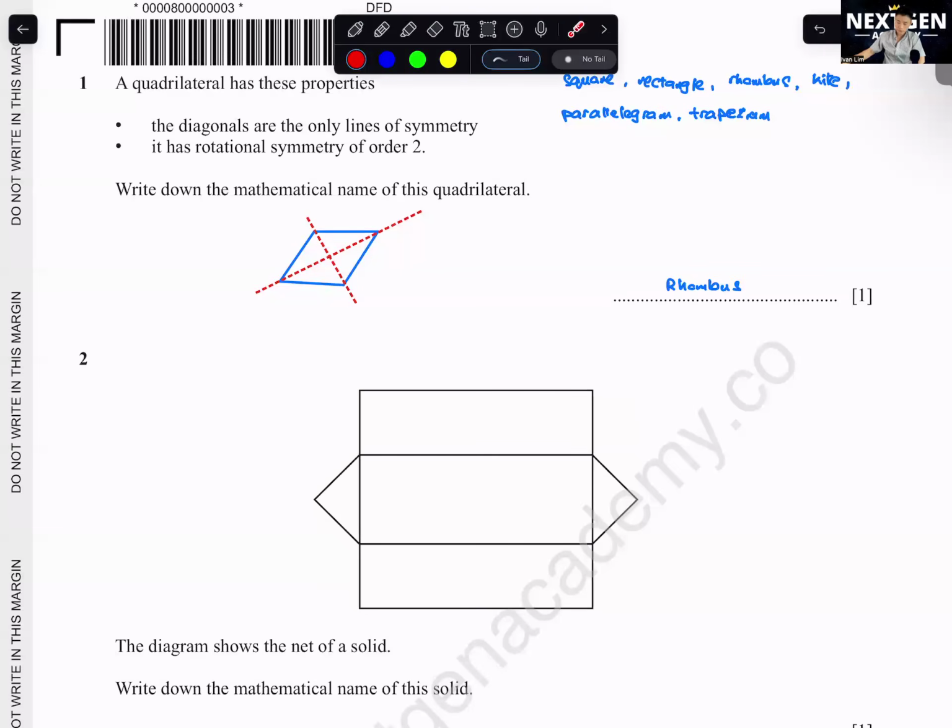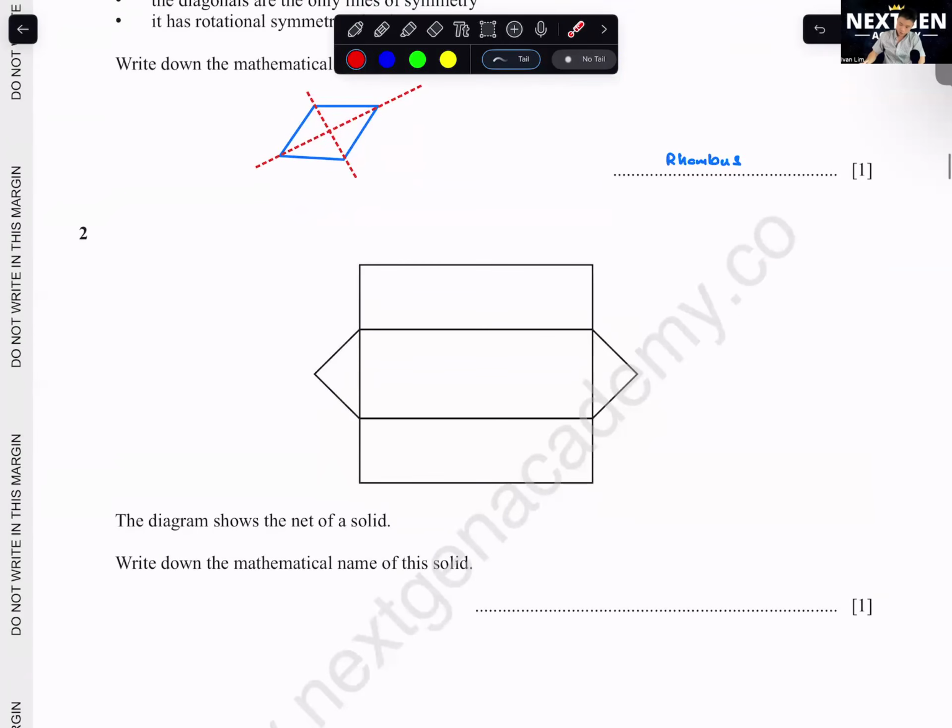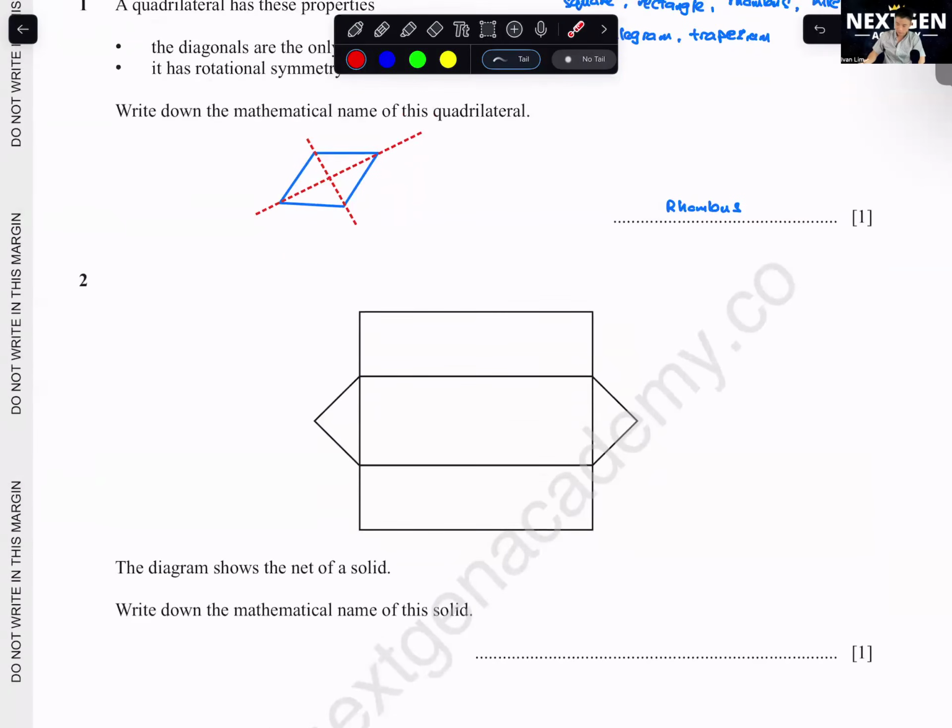Let's go to the next one. The diagram shows the net of a solid. Write down the mathematical name of this solid. This is called a triangle base prism. According to the mark scheme, it says triangular prism.